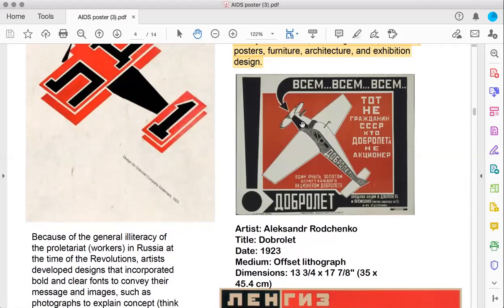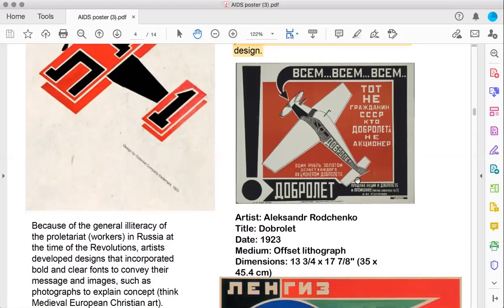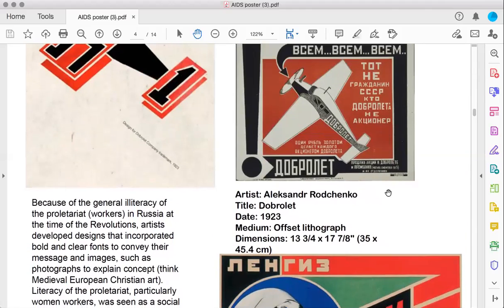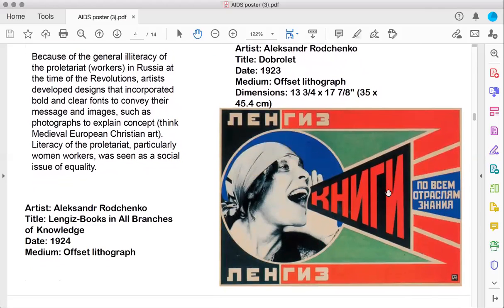Typically, they're going to incorporate some type of photographic element. Okay, so I'm going to ask you to incorporate a photographic element in your design. And then they nearly always use very basic colors, mostly red, black, and white, but they also sometimes include green. Very clear depiction of font.